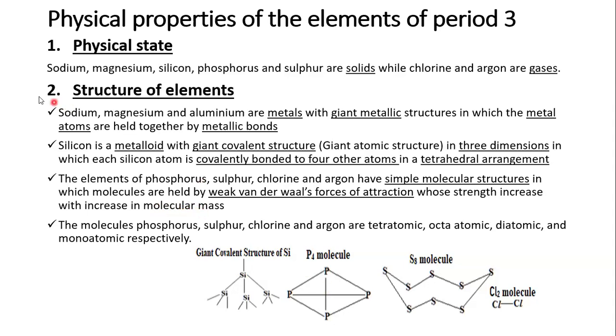When you look at the molecule of phosphorus, it has 4 atoms.